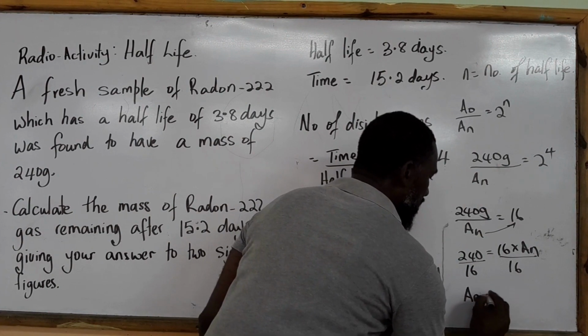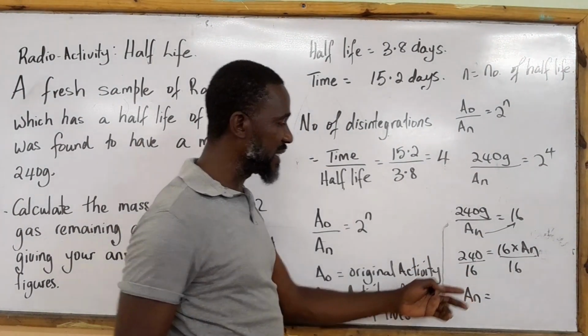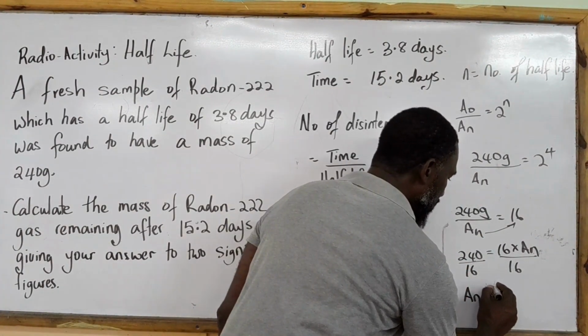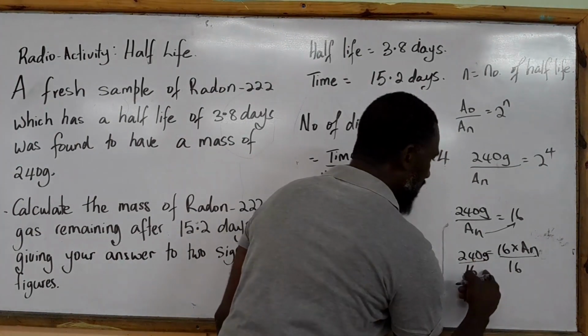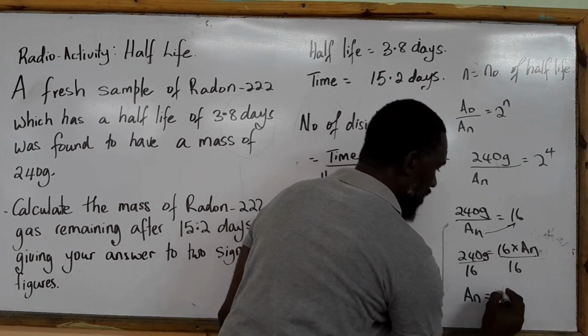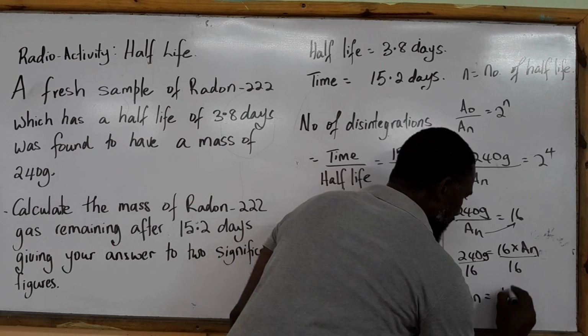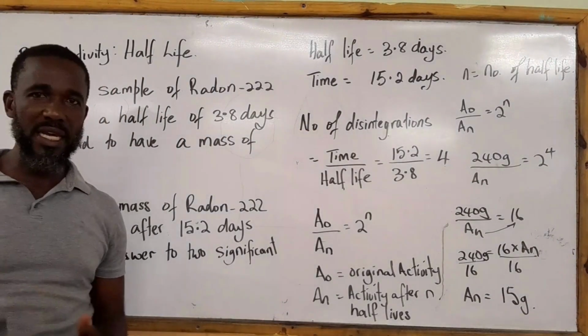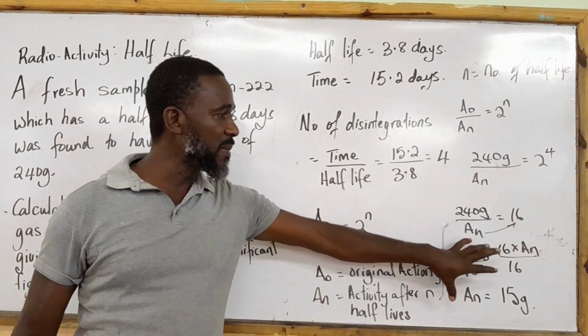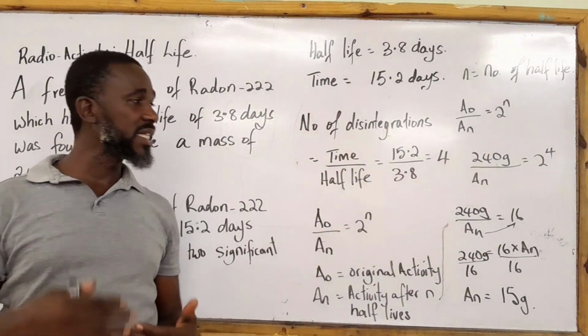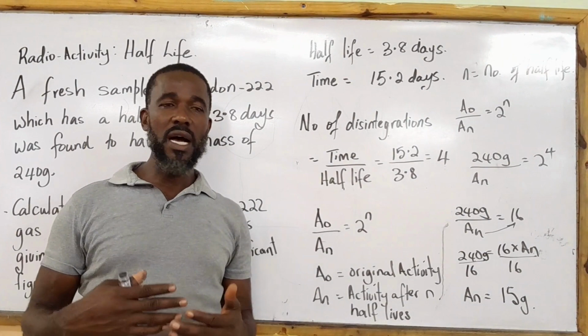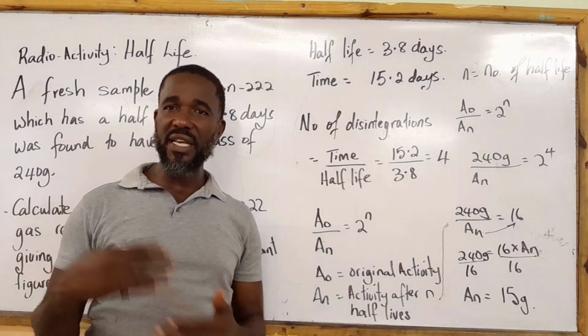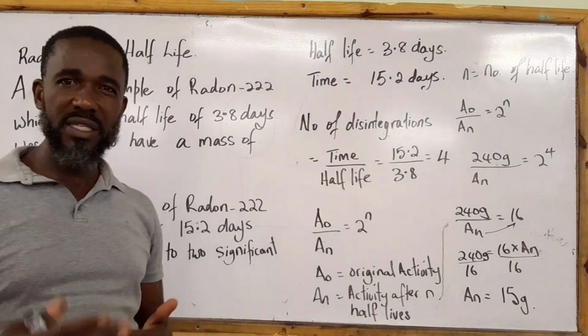An is equal to 240 grams divided by 16, which gives you 15 grams. So whether we use the formula or the tedious method of calculating the mass after each half-life, we get the same answer.